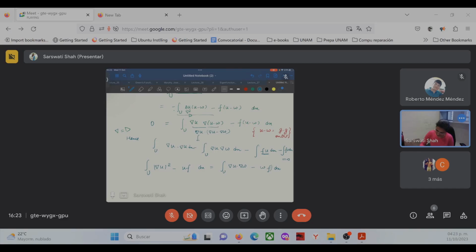So it is going to be less than or equal to integration gradient of u dot gradient of w minus w f dx.